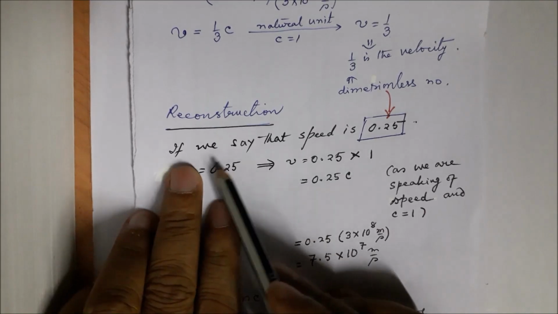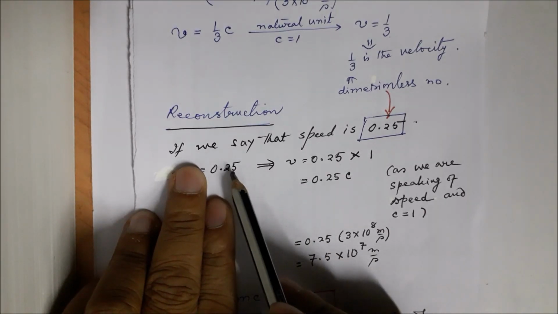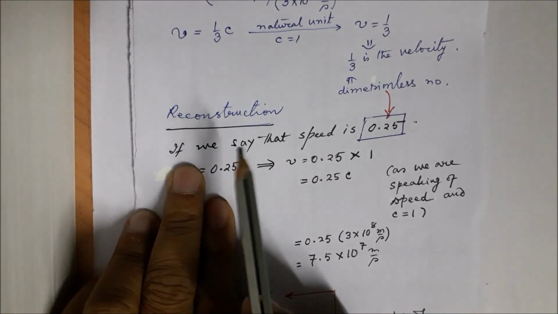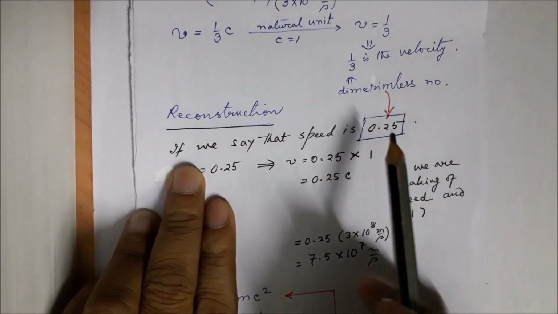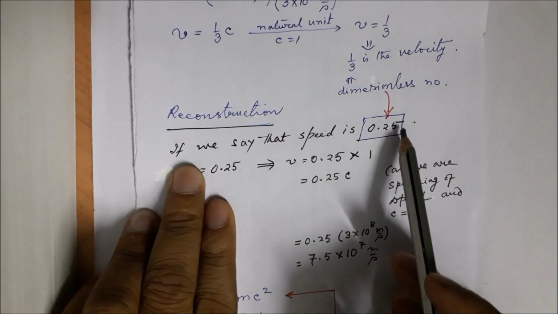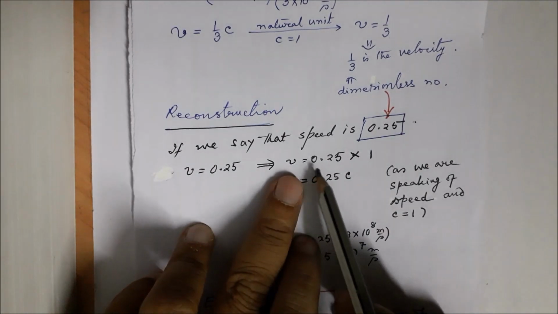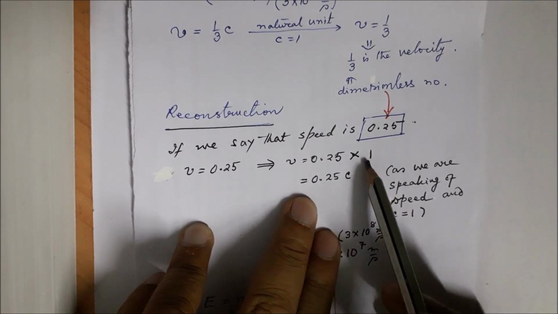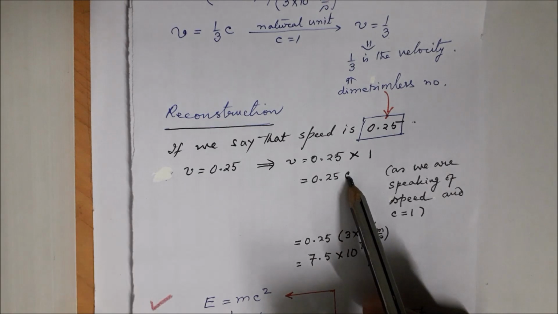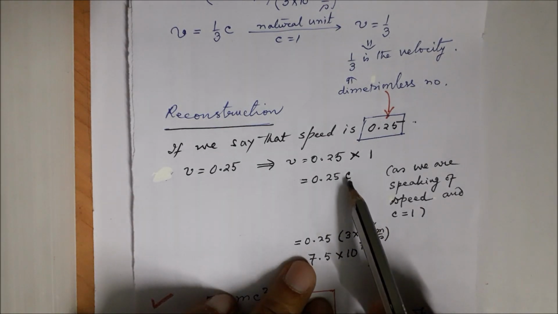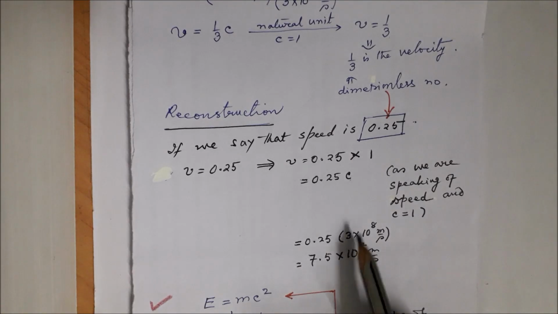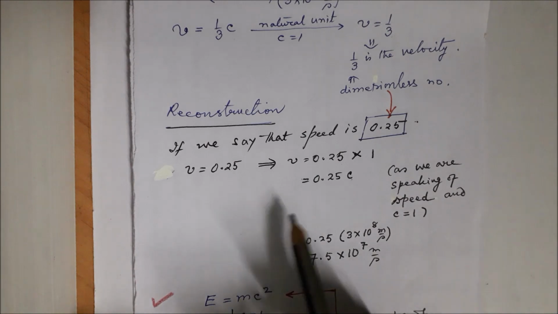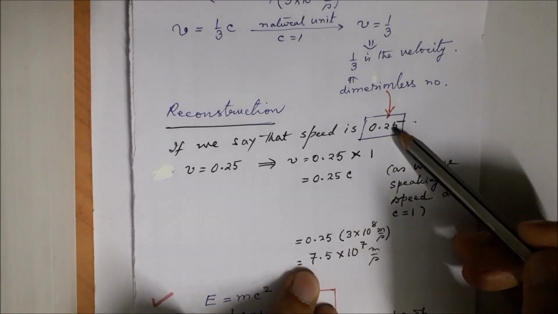One is, what is this 0.25? 0.25 represents speed, and we have earlier set C equal to 1 somewhere, and that C occurs in the numerator. So we can write it as 0.25 into 1, and instead of 1, since C equal to 1, we remove 1 and put C. Then we go back to the SI system to put the value of C and end up with this result. So this is how we can reconstruct the velocity just from a number.